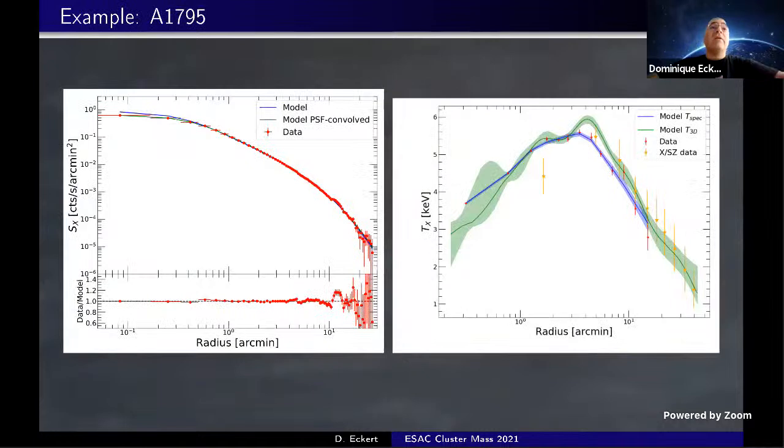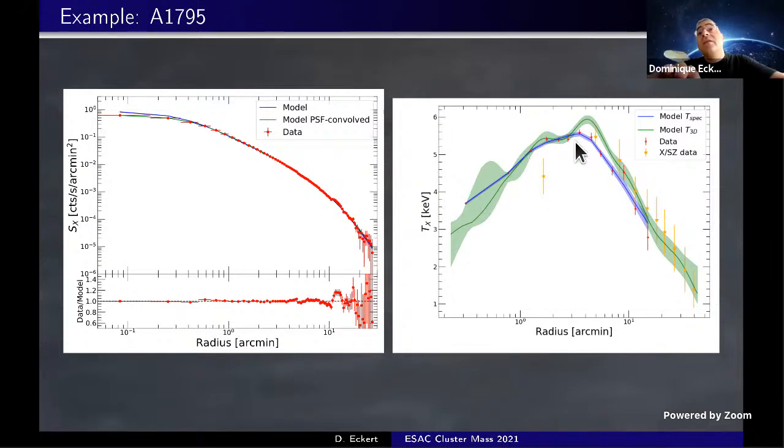I give you an example here for the cluster Abell 1795. Here on the left-hand side, you can see the X-ray surface brightness profile of this system and our model, where the green curve is the PSF convolved model, and the blue one is after PSF deconvolution. On the right-hand side, I'm showing you the result of the non-parametric reconstruction for the temperature, where we have at the same time the actual temperature measured from the spectroscopic X-ray temperature in red.